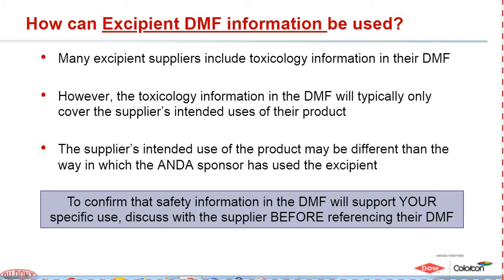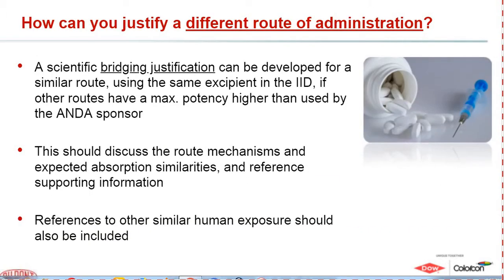Because sometimes the way you want to use it in your ANDA may be for a completely different type of drug product or a different functionality than what the supplier had intended when they did their initial supporting safety information. And then how can you justify a different route of administration if, in fact, you're using it in something different? So there may be, say, a lot of information on oral applications out there, and you want to use it in a buccal application, which is similar but not quite the same.